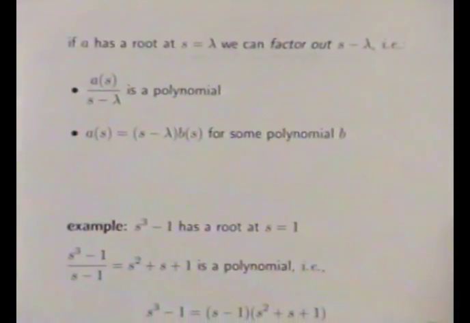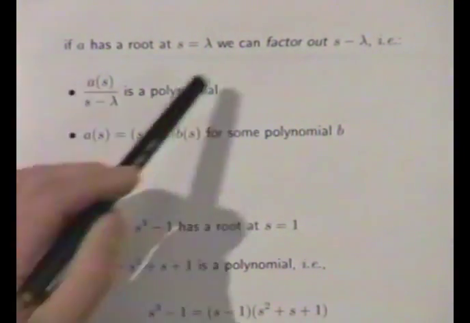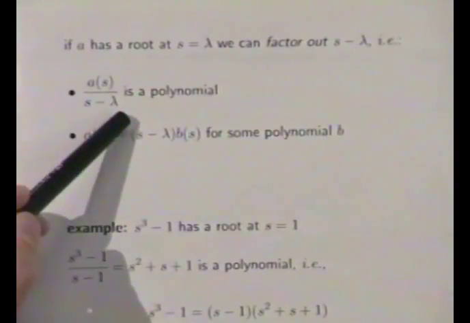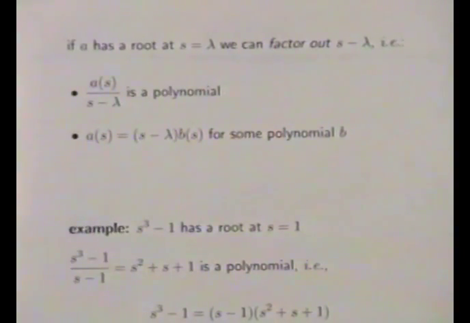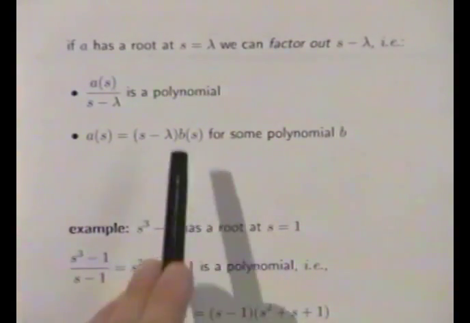Now, if you have a root of a polynomial, then you can factor out that term. So for example, if that's a polynomial, and if lambda is a root, I can divide by s minus lambda, and this is in fact a polynomial. Another way to say that is that if lambda is a root, then A of s is equal to s minus lambda times another polynomial.